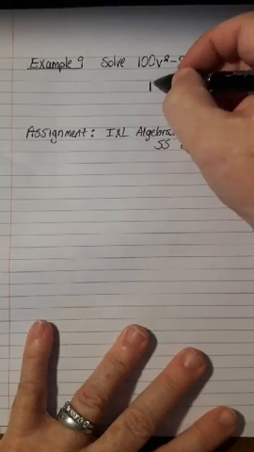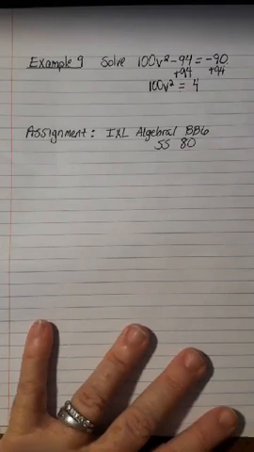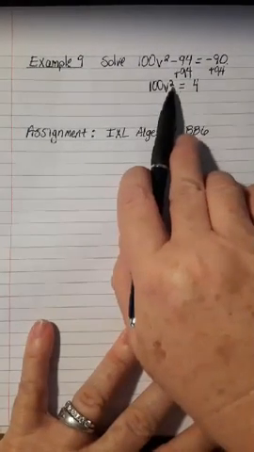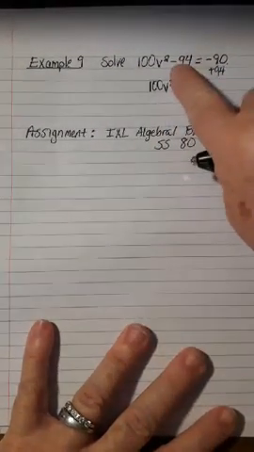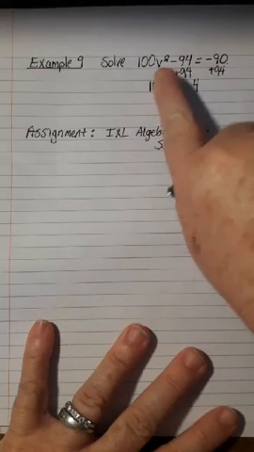That gives you 100 v to the second equals negative 90 plus 94. You have to subtract those because the signs are different, and you get 4. Okay, next step, you still have a number in front of your v squared. So just like you would do if you just had 100v, you have to divide by that 100.